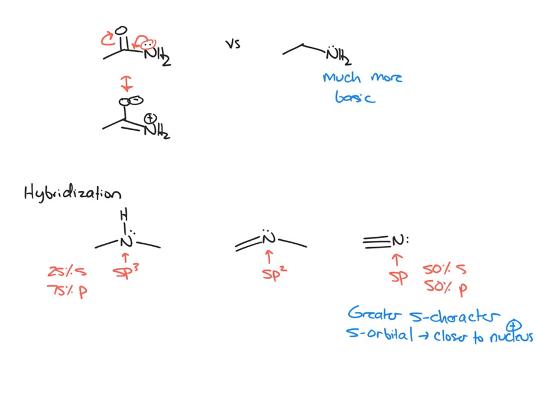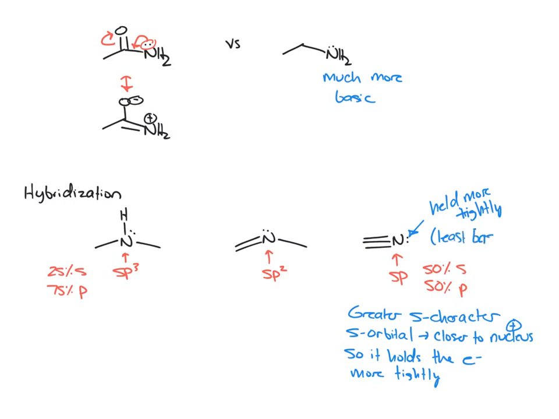So being closer to the nucleus and that nucleus being positively charged can hold those negative electrons more tightly. If those electrons are held more tightly, they're not as available to act as a base. So this one's the least basic, whereas in the sp3 hybridized nitrogen, there's only 25% S character. Those electrons aren't held as tightly. So this one is the most basic.